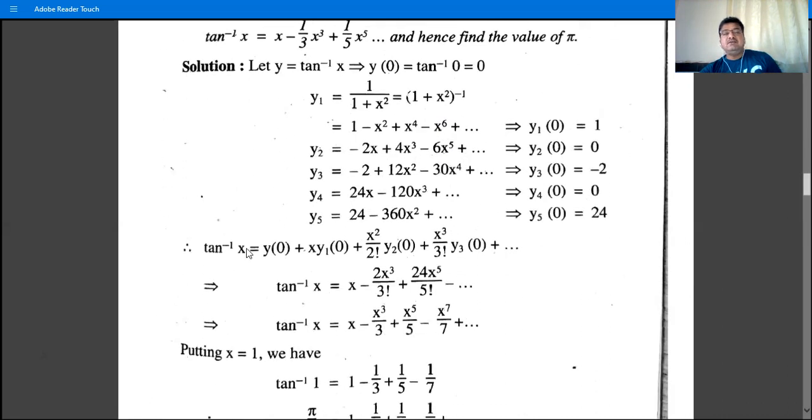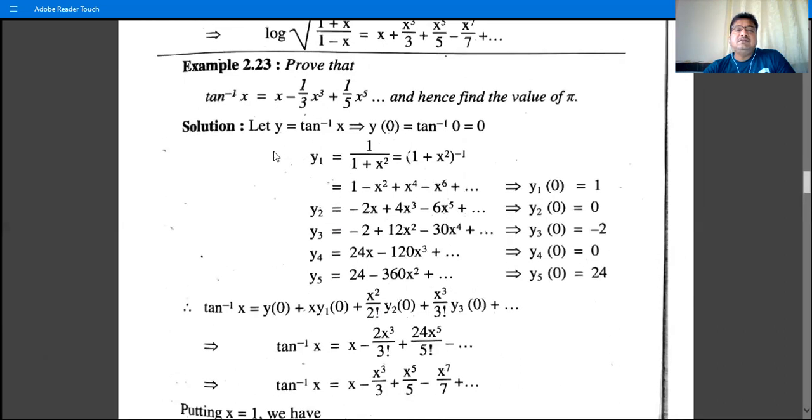Okay, and then use Taylor's theorem as f(x) is equal to f of 0 plus x f dash 0 plus x square by 2 factorial f double dash 0 plus x cube by 3 factorial f triple dash 0, and so on. So in the place of f, use the notation y, and in order to denote the derivative, instead of f dash, f double dash, f triple dash, you use suffixes y1, y2, y3.